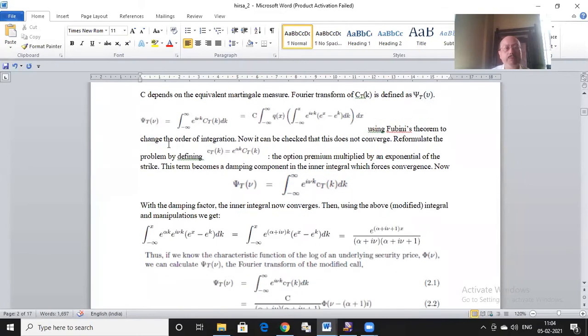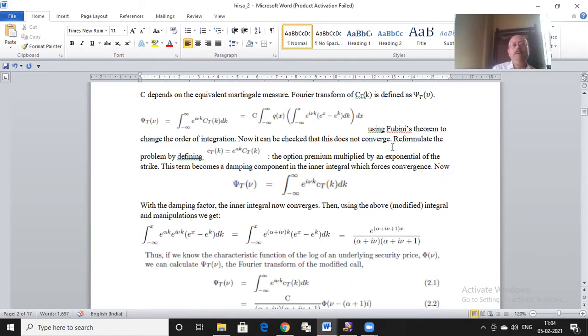So I have psi_T(nu) equal to C times the integral from minus infinity to infinity of q, times the integral from minus infinity to x of e to the power i nu k (e to the power x minus e to the power k) dk dx, where I am changing the order of integration using Fubini's theorem. Because it was supposed to be from k to infinity, I make a change in the variable and in the order.